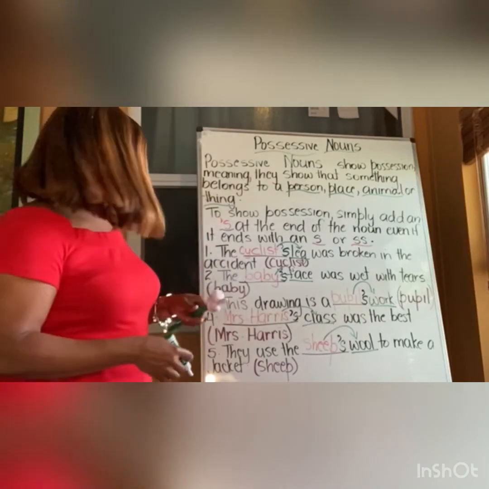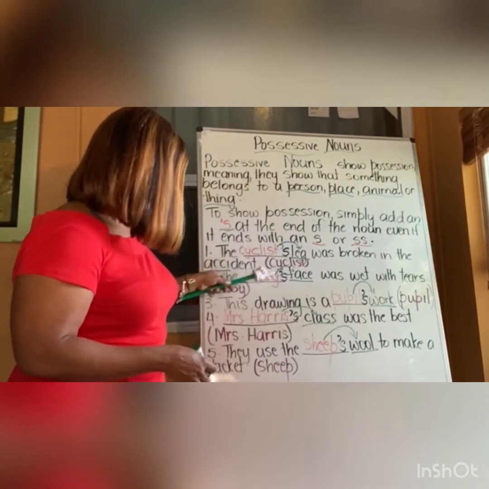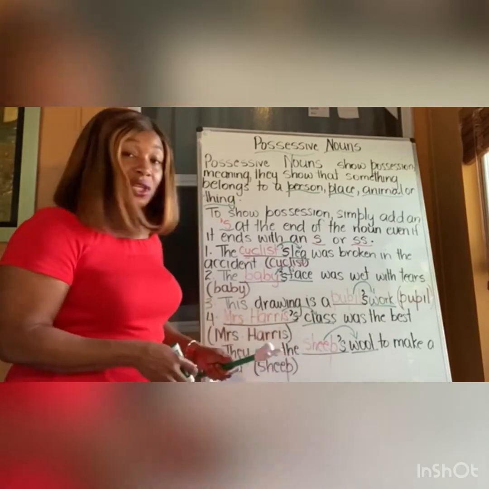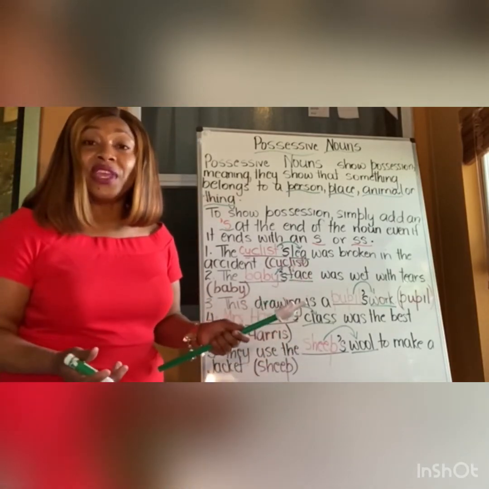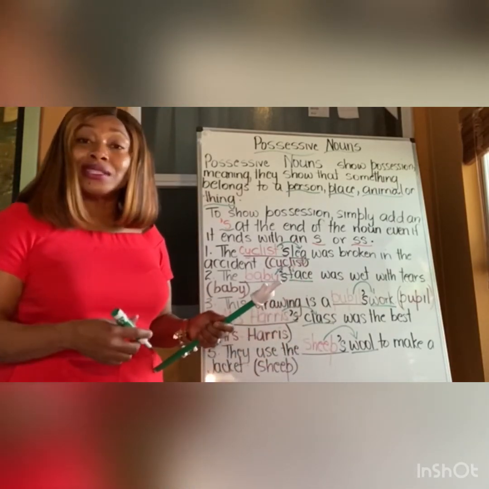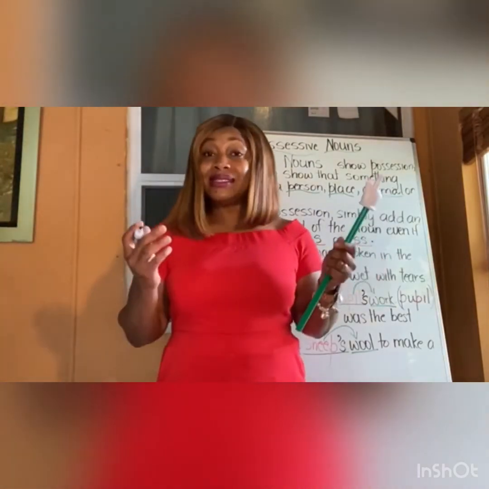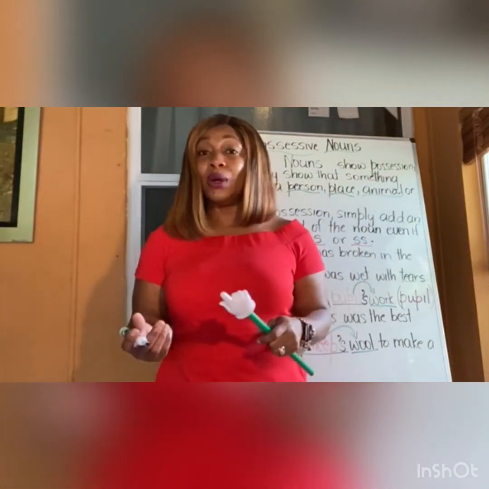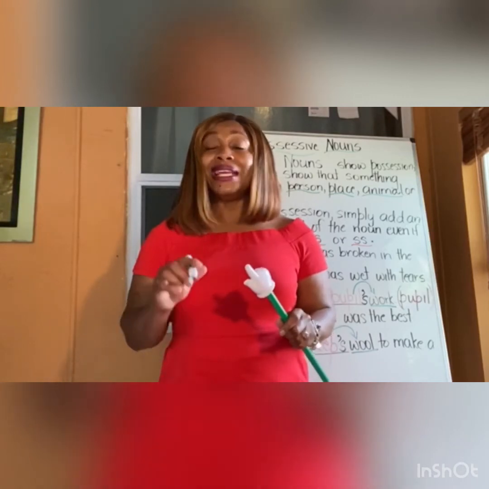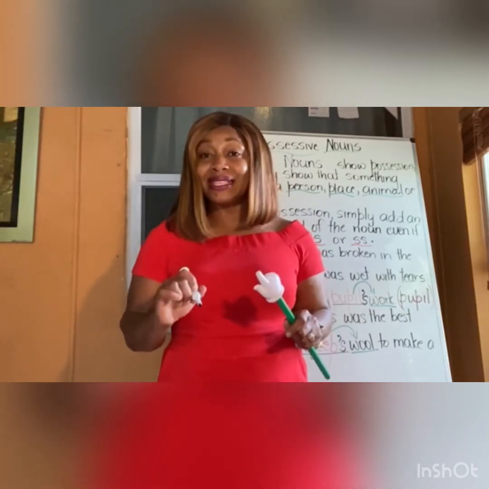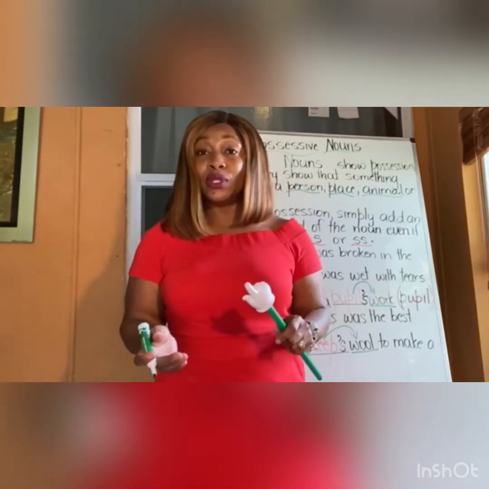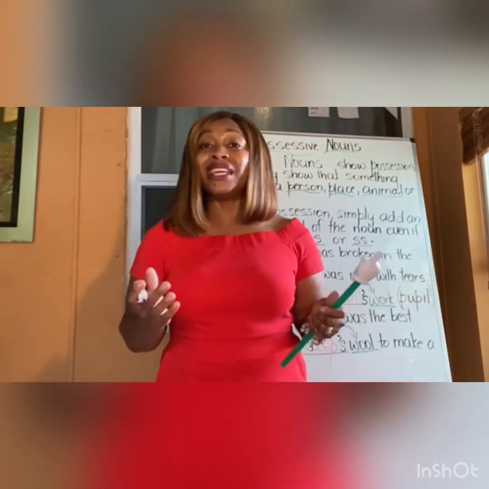We are showing that these persons or this animal owns something or something belongs to them. Remember, it's singular possessive nouns. So all we're doing is putting an apostrophe S at the end of the noun to show the possession.